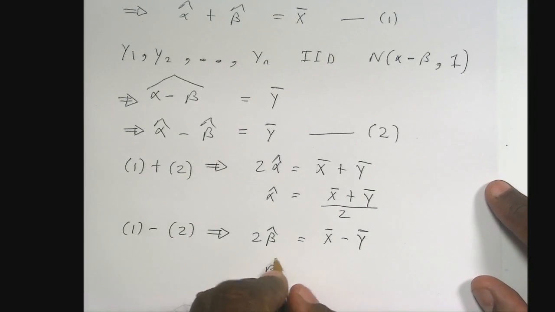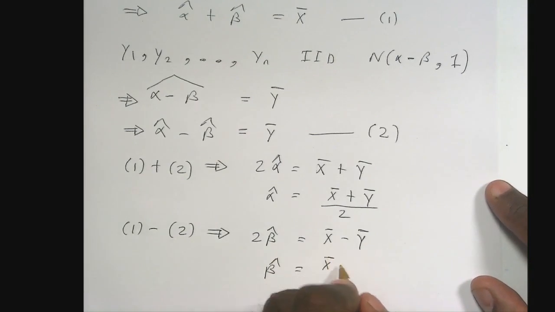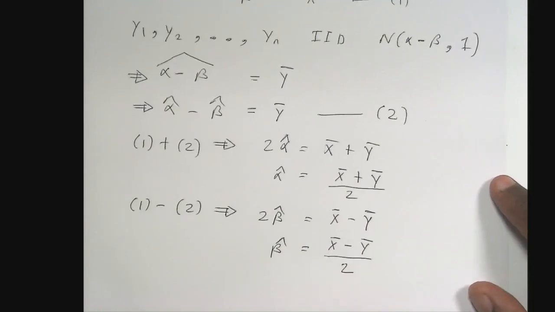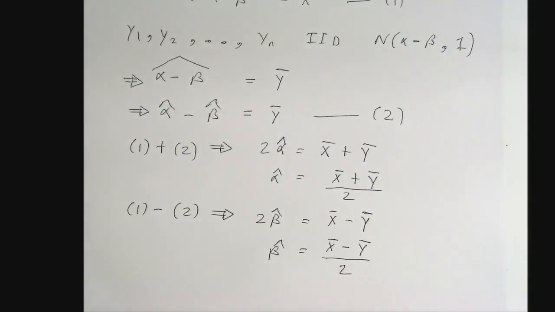So beta hat is equal to (x bar minus y bar) divided by 2. Alright? So you're done, guys. It's easy, right? So this is the ML estimator for beta, and this is the ML estimator for alpha.